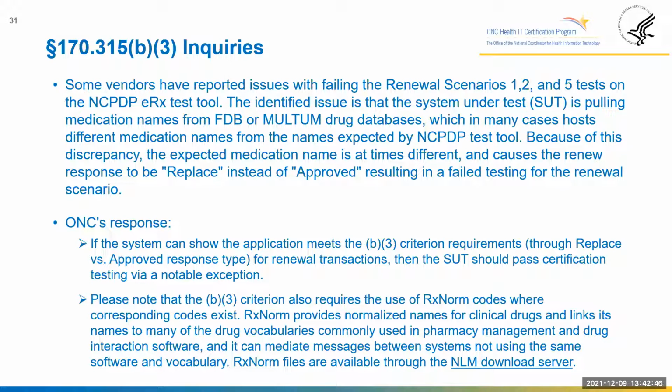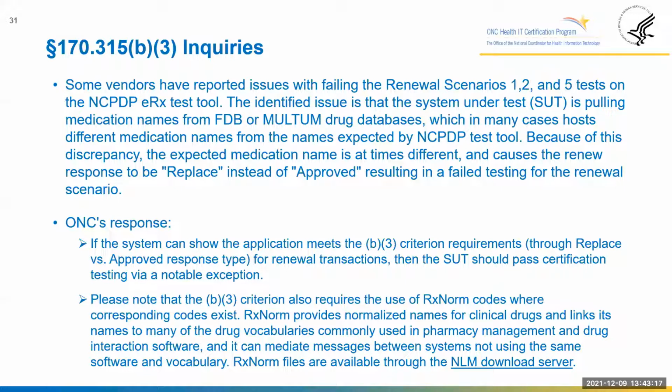Some vendors have reported issues with failing the renewal scenario 1, 2, and 5 tests on the ERX test 2. The identified issue is that the system under test, SUT, is pulling medication names from FDB or multiple drug database, which may host different medication names from the names expected by NCPDP test 2, since NCPDP test 2 is using a different source for its medication names.